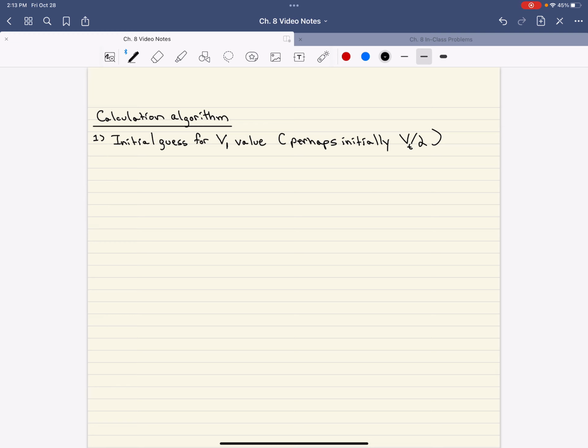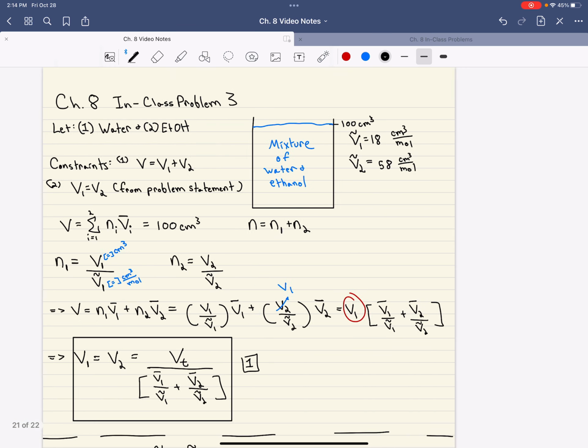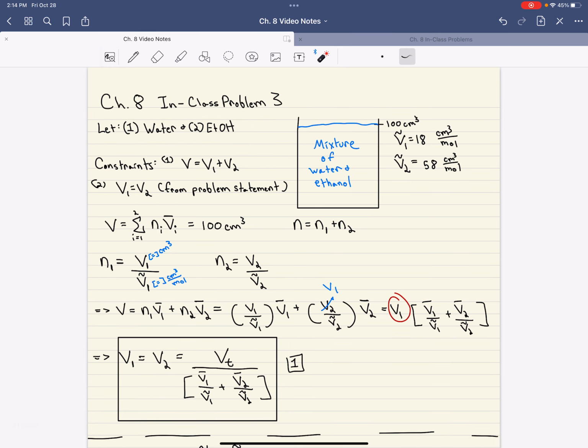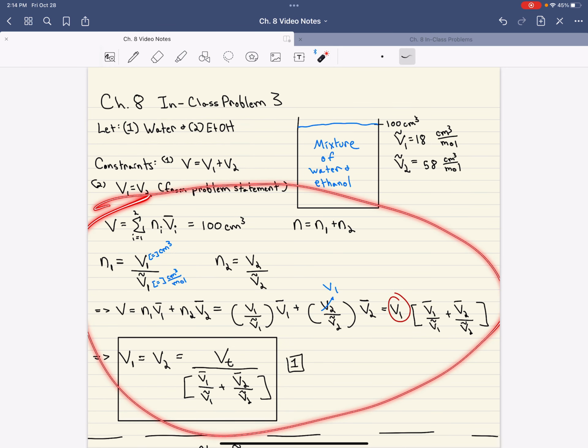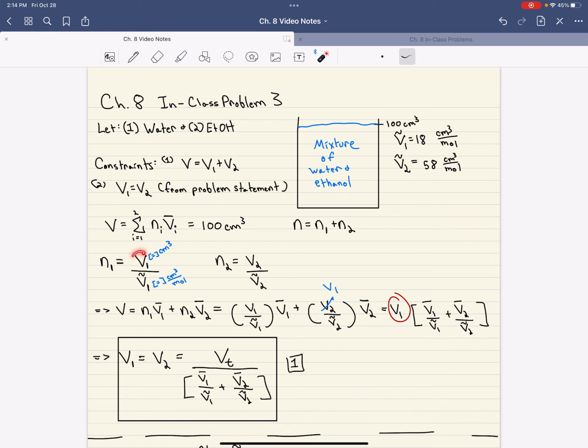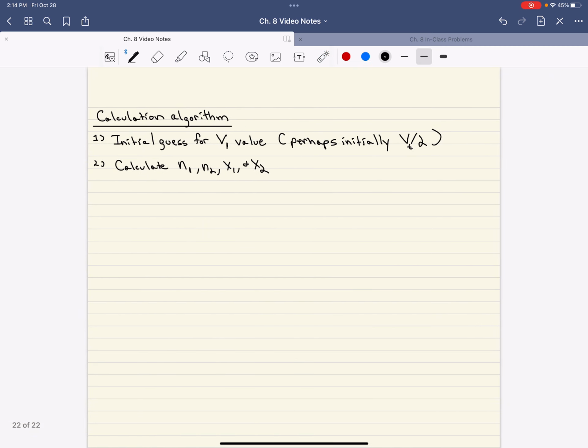And then based on that initial guess for V1, we're then going to calculate N1, N2, X1, and X2 just by using all the equations that we had set up in this section. Okay, specifically if we have a guess for V1 and we know V1 squiggly, we could get N1, and so on and so forth. So we'll calculate those values based on our guess.